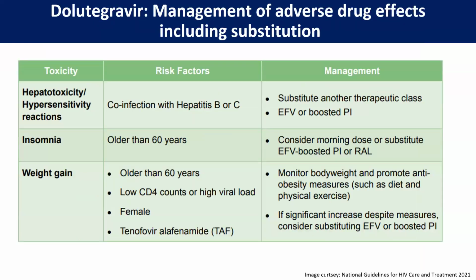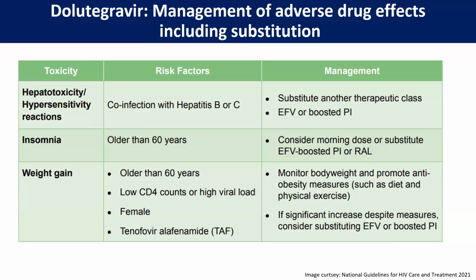In case of dolutegravir use and hepatitis B and C infection, if there is hepatotoxicity, you have to ensure two active drugs against hepatitis B should be there. That should be tenofovir and lamivudine. If in any case you cannot use one, then entecavir should be there. In case of insomnia and the patient older than 60 years, consider a morning dose and substitute efavirenz with a boosted PI or dolutegravir.